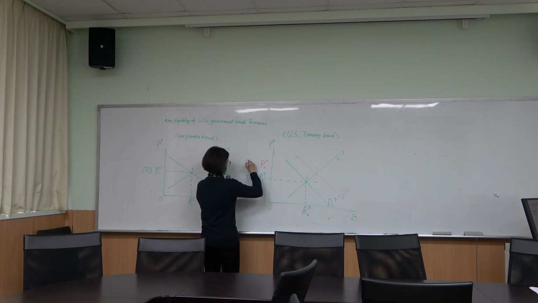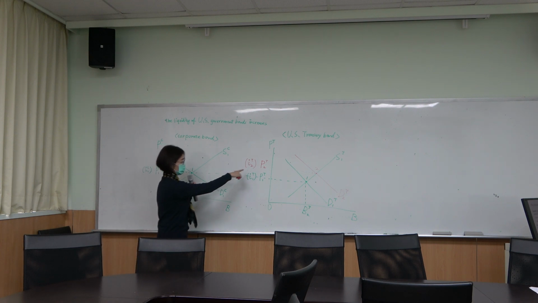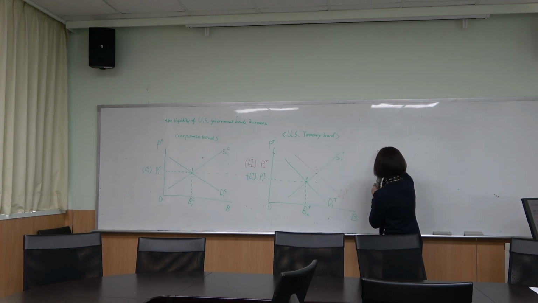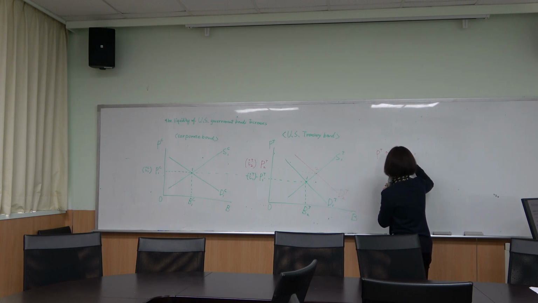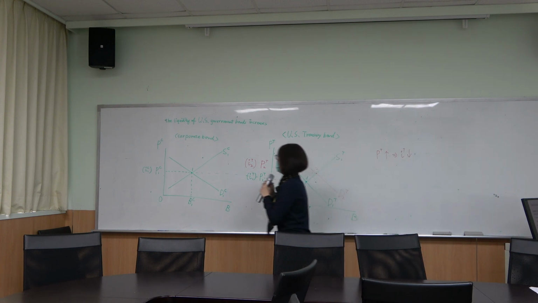And because of the inverse relationship between the bond price and interest rate, when the bond price of the Treasury bond increases, it means that the interest rate of the Treasury bond goes down.